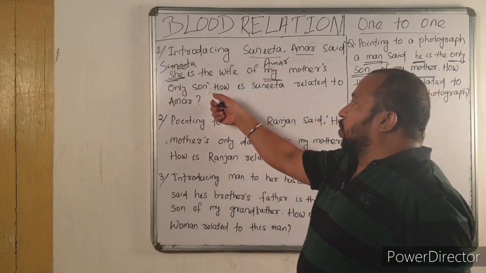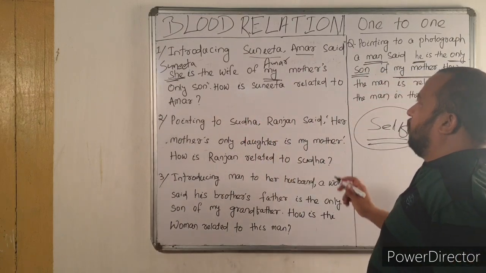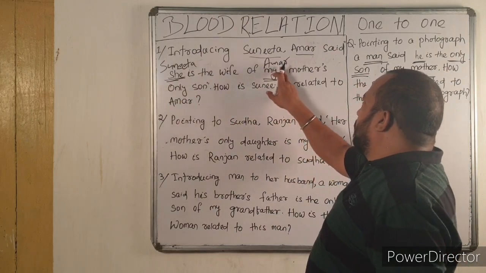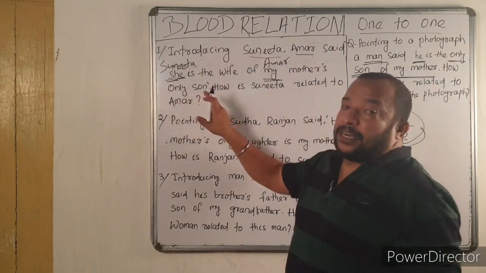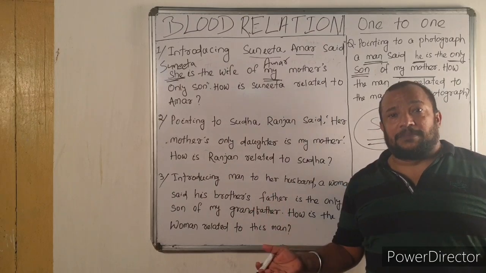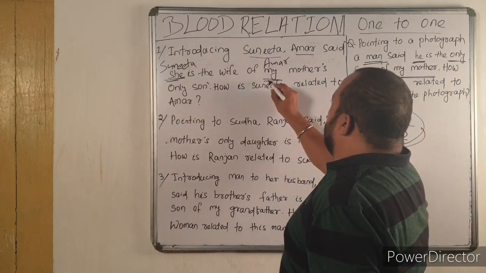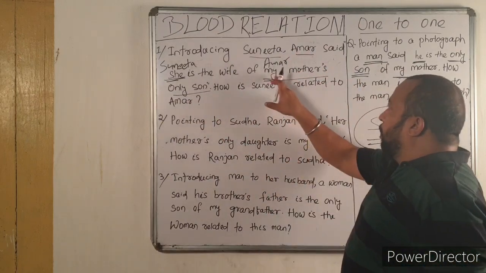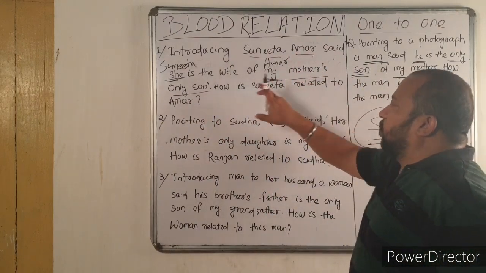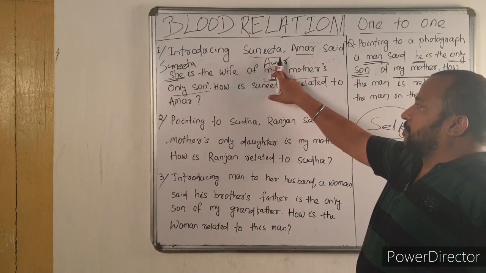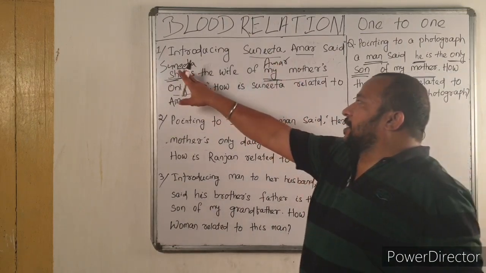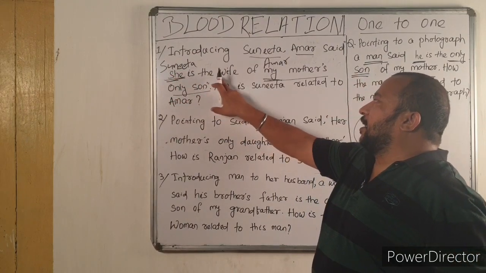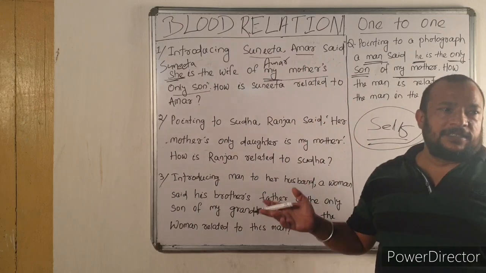Mother's only son. Now let us move to the word "only." Amar's mother's only son means Amar. So here the whole meaning is Amar. Now we are getting the answer: Sunita is the wife of Amar.